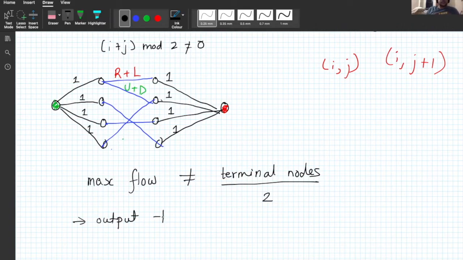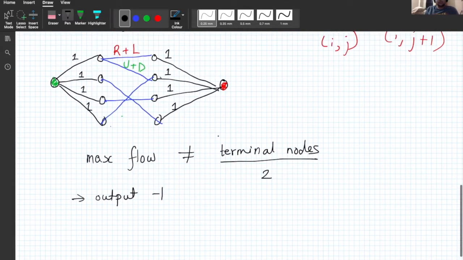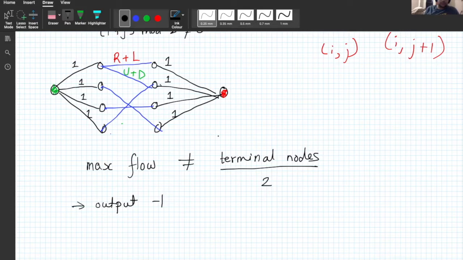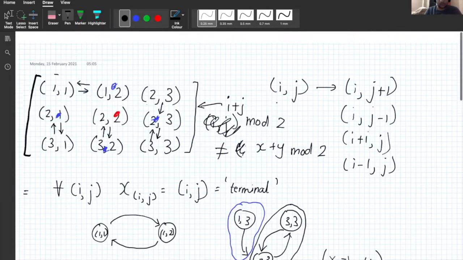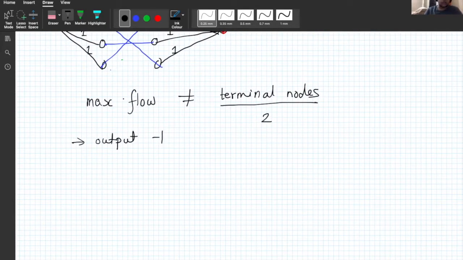Simple as that. If you can't connect all the terminal nodes in a cycle somehow, then the input graph is invalid and the answer is not possible. So that's one major part of the problem done. We are done dealing with terminal nodes. Now what we have to deal with are non-terminal nodes.